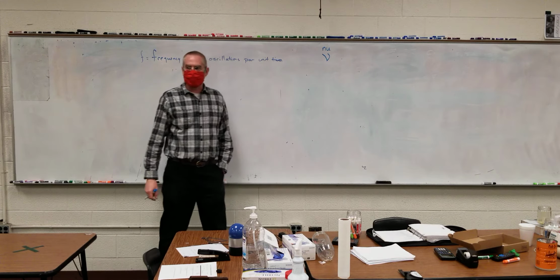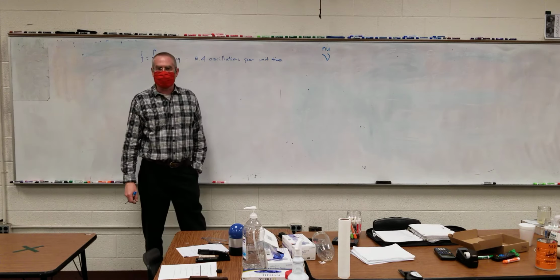The trouble is that the nu looks a whole lot like a V. There's an equation which we will derive, it takes about 10 seconds to derive it, that v is equal to frequency times the wavelength. But if you're using a nu for the frequency, this equation looks like this.